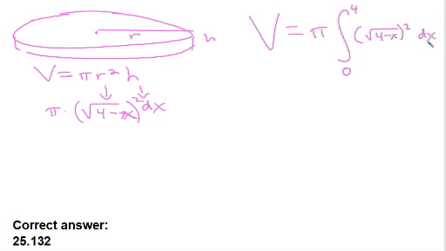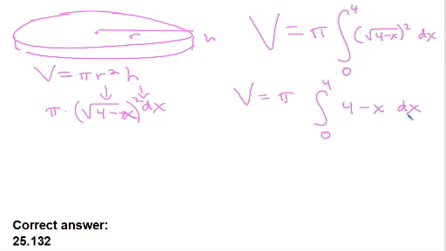So really, in terms of our calculus work, it's not bad. I'm squaring a square root. This is going to turn into pi times the integral from 0 to 4 of just plain old 4 minus x. And remember that we need to be able to find antiderivatives. We cannot always rely on a calculator. Half of the AP exam is without a calculator.